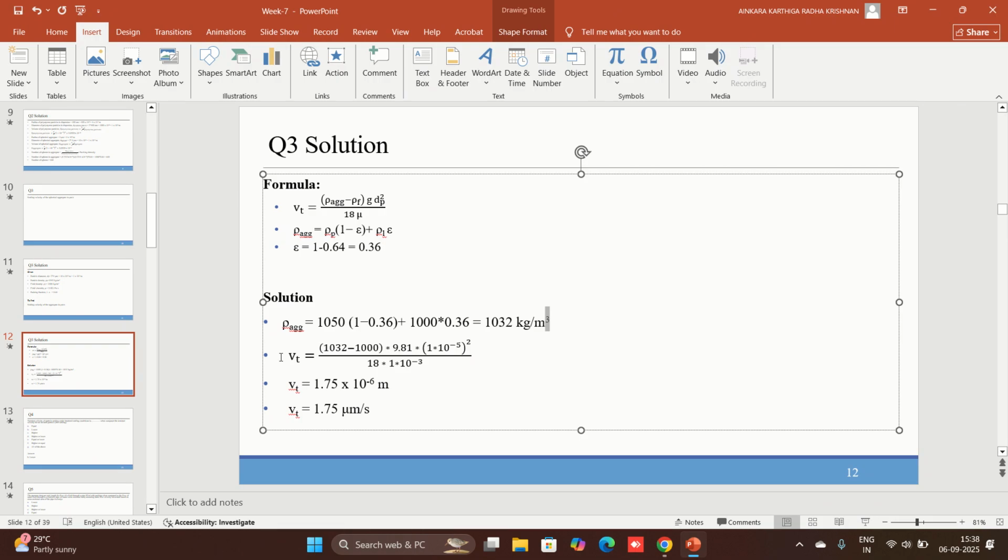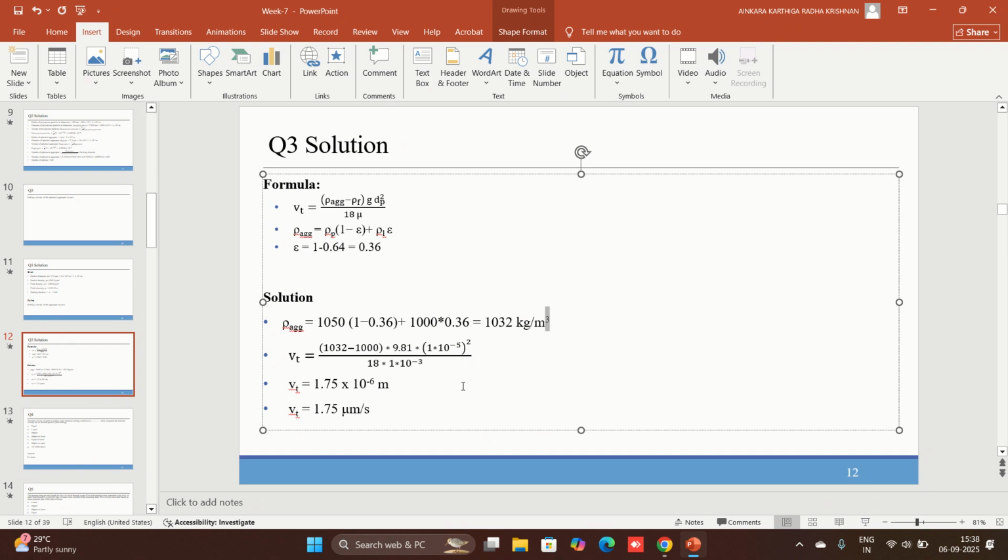Now we are finding the settling velocity of the aggregates. So Vt is equal to rho aggregate, 1032, minus rho L, that is 1000, into 9.81 into the diameter of the aggregate squared, that is 10 power minus 5 meters, all squared, divided by 18 into 10 power minus 3.